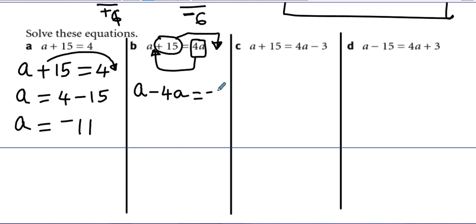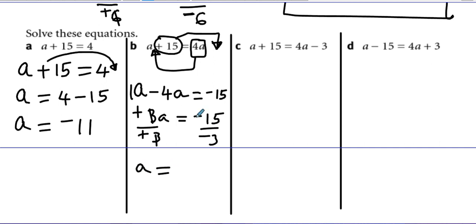That will be equal to negative 15. So this is 1a minus 4a. This will be negative 3a equals negative 15. Find the value of a by dividing by negative 3 on both sides. And this will be a equals, negative divided by negative is positive, 15 divided by 3 is 5.